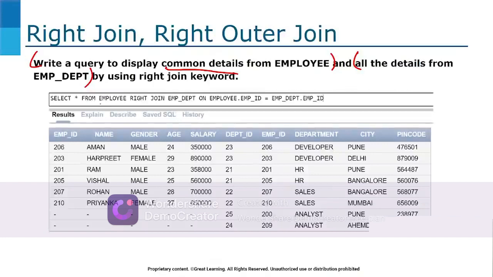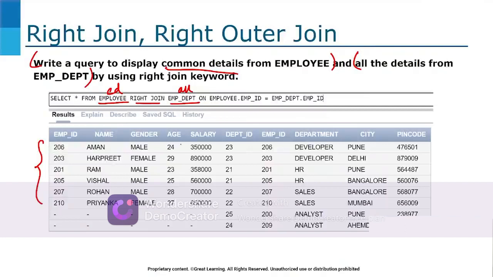Select star from employee right join employee department. That means for the table which is on the right, I want all the details from there, but for the table which is on the left, I want only the common details. You can see from the employee table, only the common detail is coming, only 6 data. When we were using left join, all the details were coming, but now it's opposite.